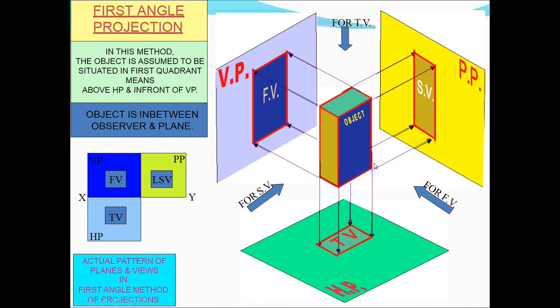The front view visible in blue is a rectangle. This rectangle, the front view of this object, will be drawn in the vertical plane.